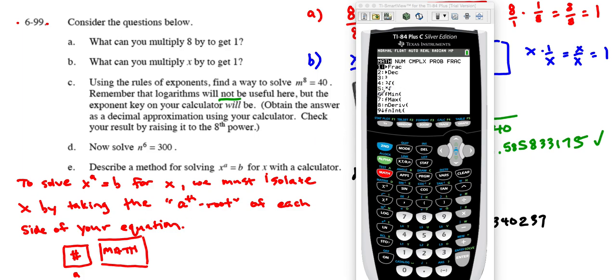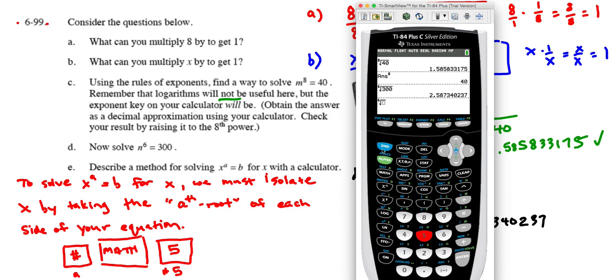We chose option number 5. And remember, that's the one that has the x as the root up there. After we chose number 5, we typed in the value that was inside. So in this case, we would type in whatever value we have for b.